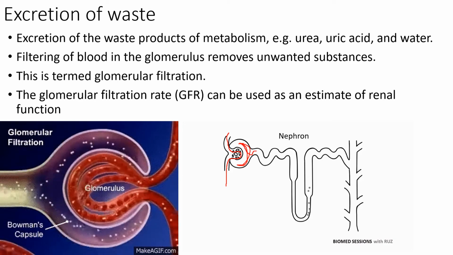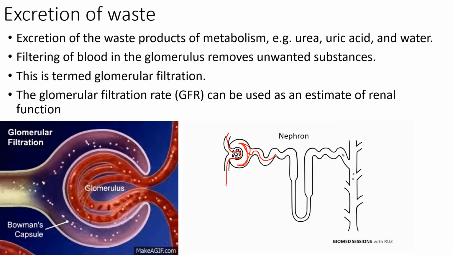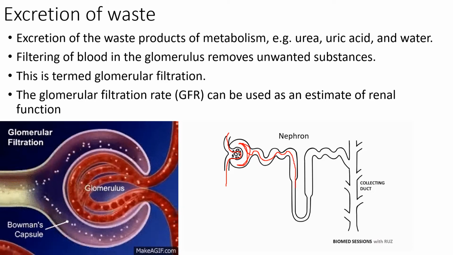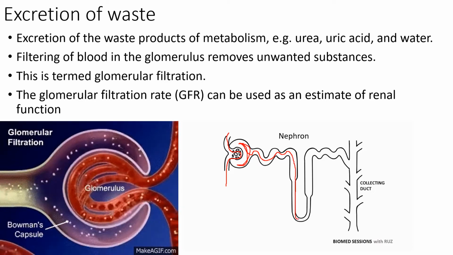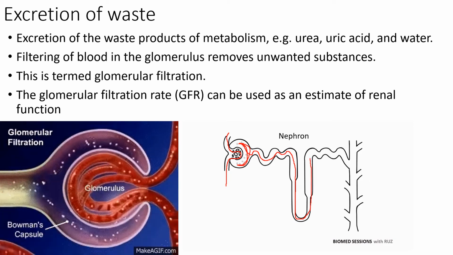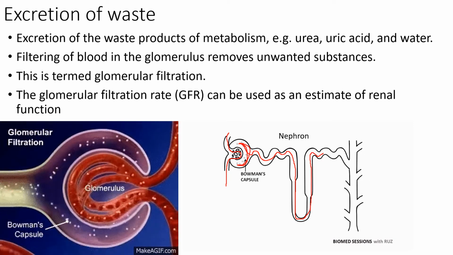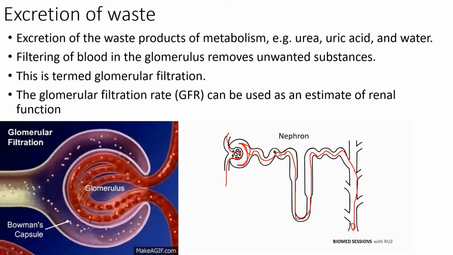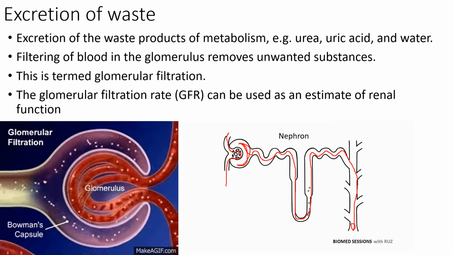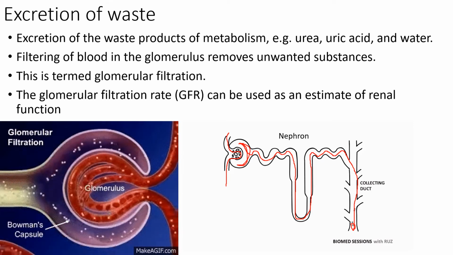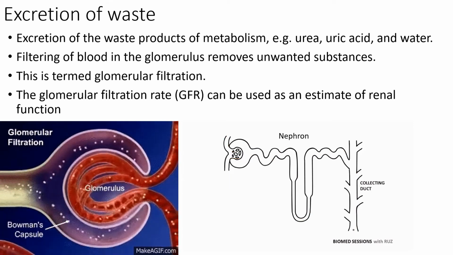It goes along the proximal convoluted tubule, then down the descending part of the loop of Henle, around the loop of Henle, and then the thick ascending limb of the loop of Henle, then into the distal convoluted tubule, and then into collecting ducts, where in essence at this point you've got the urine. So that's how wee-wee is made, and I only say wee-wee because I have two little kids. It's the urine, basically.